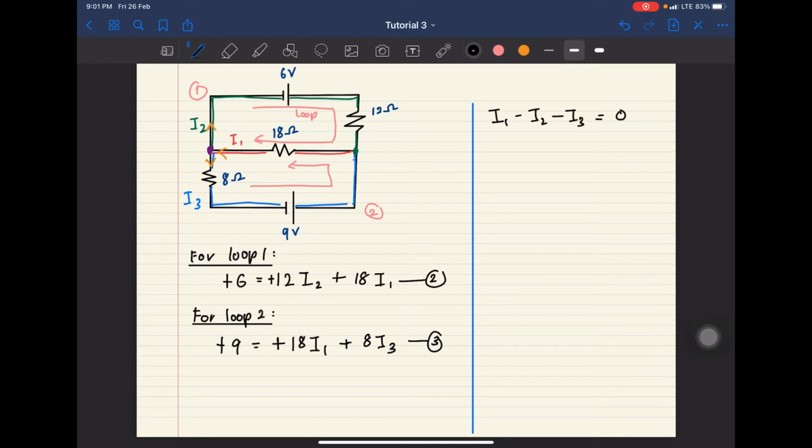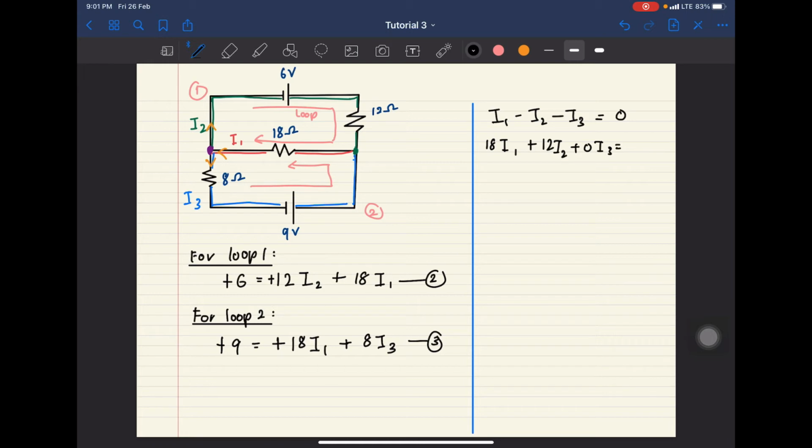Okay, I mean kalau kamu nak buat cantik lagi, maybe you can write positive 1, negative 1, negative 1. Tapi tak perlulah. And that one would help for you to key in inside your calculator. So the 6 is basically dah satu side, so the remaining one side already, so should be okay. Okay, so 18I1 plus 12I2, and then there's no I3, so I just put 0 I3.